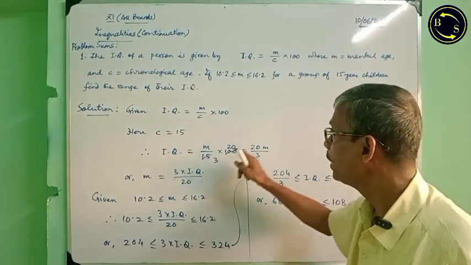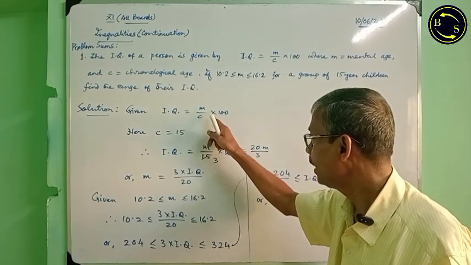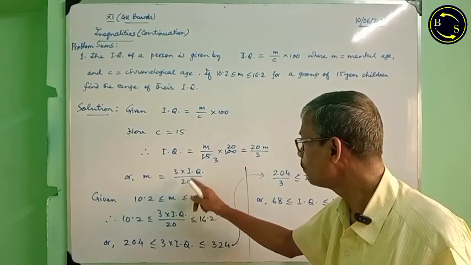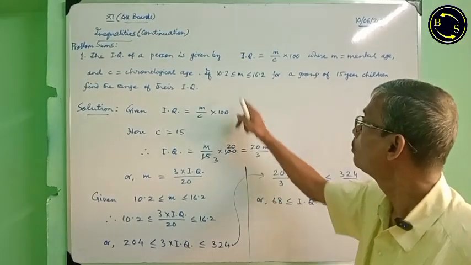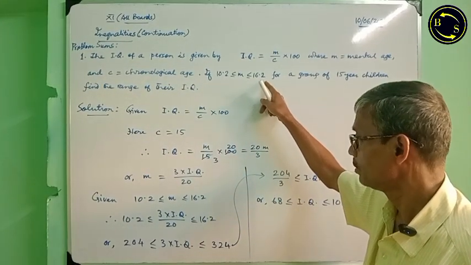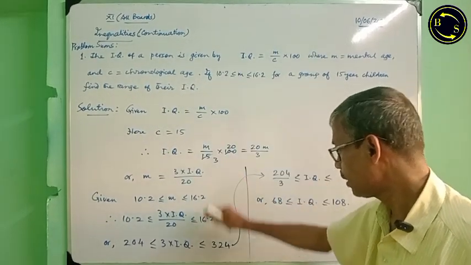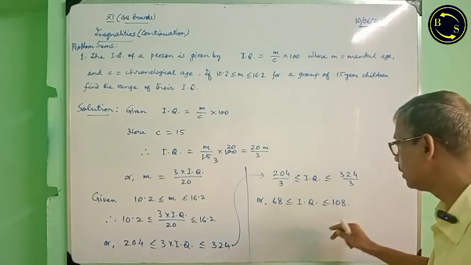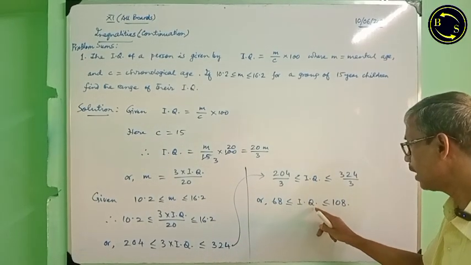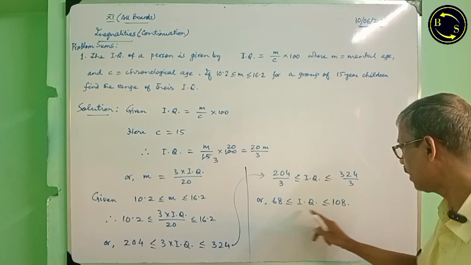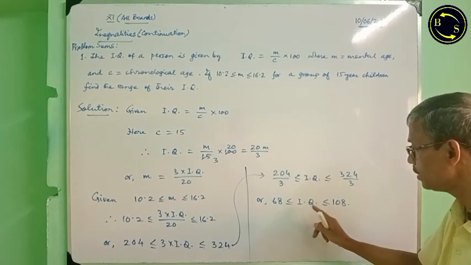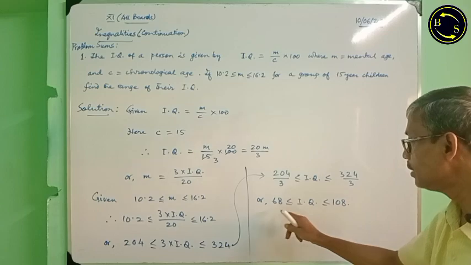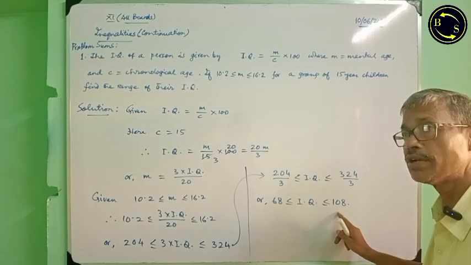Now we have expressed M first in terms of IQ, then we have replaced that value in this range and calculated and find that IQ lies in between 68 and 108, along with 68 and 108. That means intelligence quotient is within 68 and 108.